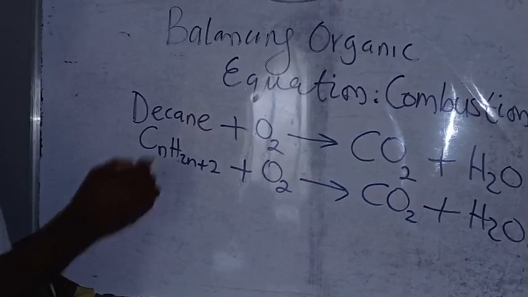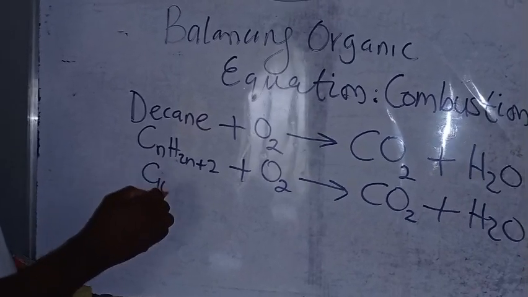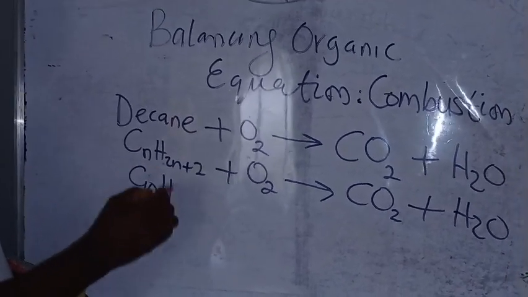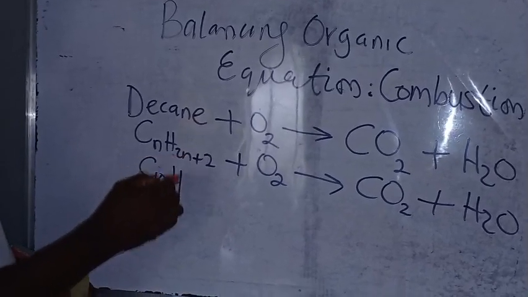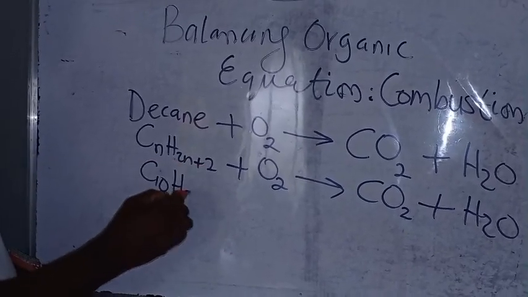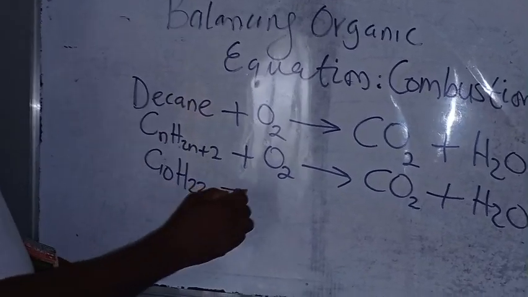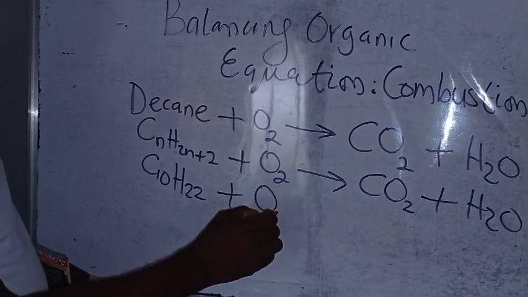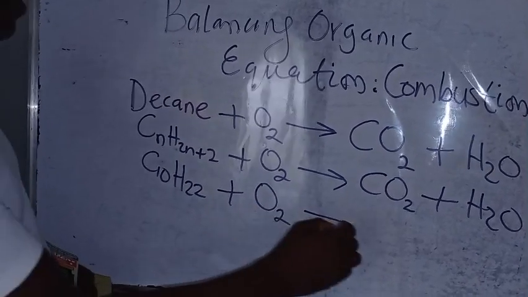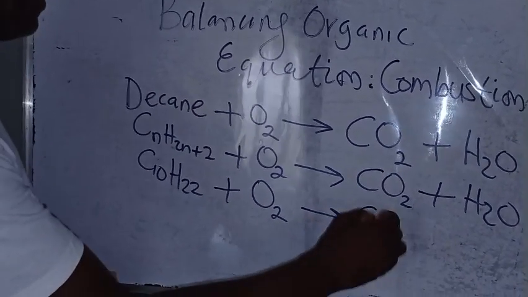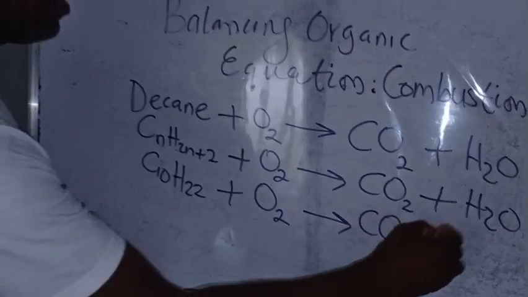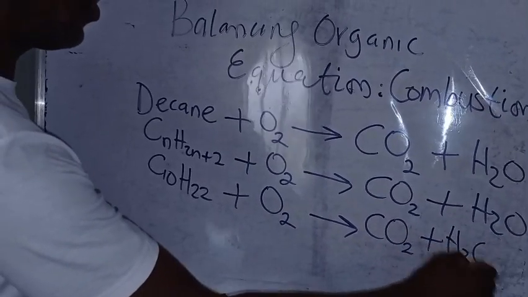It means n is 10. So I have C10, then 2 times 10, that's 20, plus 2, 22. So this is decane, alkanes, reacting with oxygen gas, giving us carbon dioxide plus H2O.